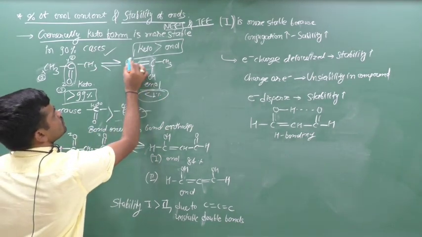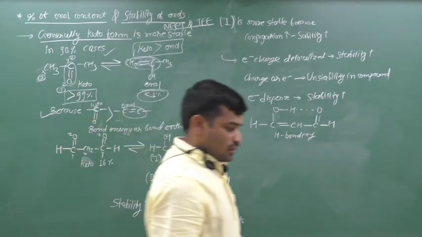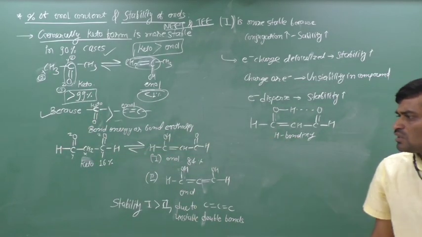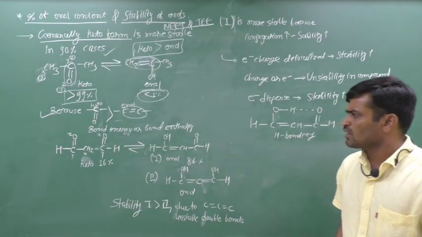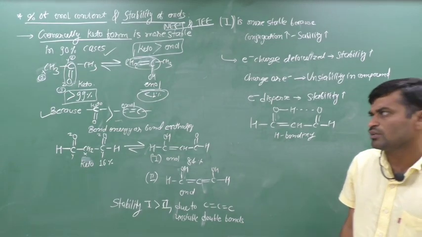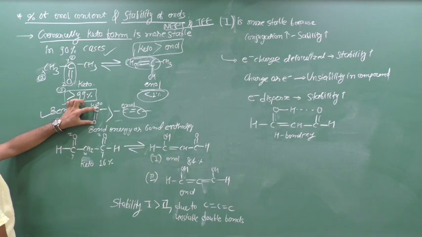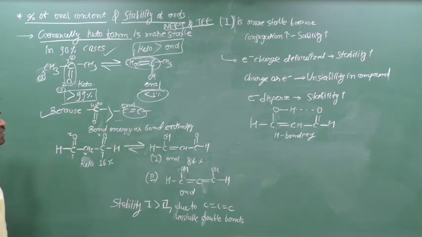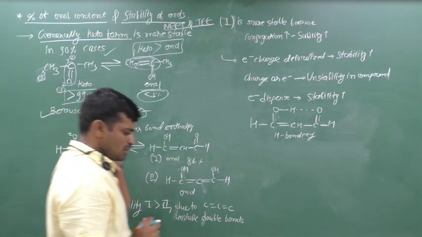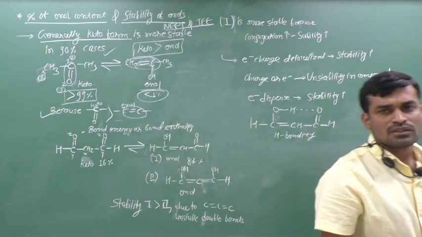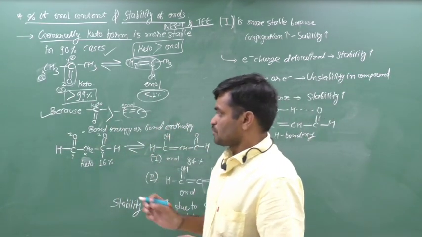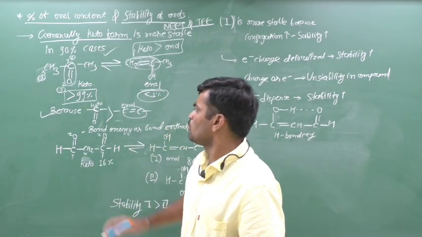If we study the bond energies or bond enthalpies, the C double bond O bond is stronger than C double bond C. Therefore the bond enthalpy of the carbonyl bond is higher, and therefore we have more of the keto form.